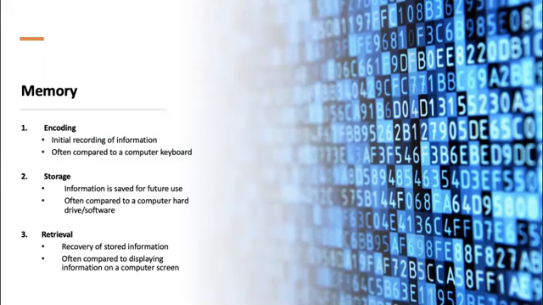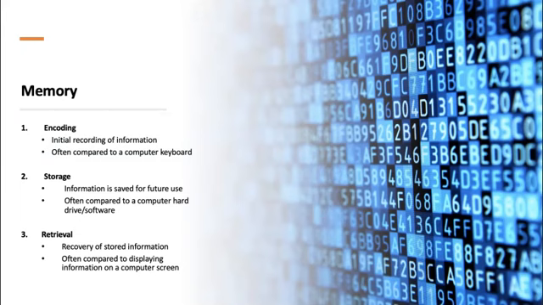Now, in order for you to retrieve or recall a memory, it first has to be properly recorded and stored. If this doesn't occur and the information isn't stored correctly, you won't be able to remember it at a later time. Same thing with the computer analogy. If you don't type out the right information, if you don't hit save, the computer doesn't save the information, and then you can't find it later.